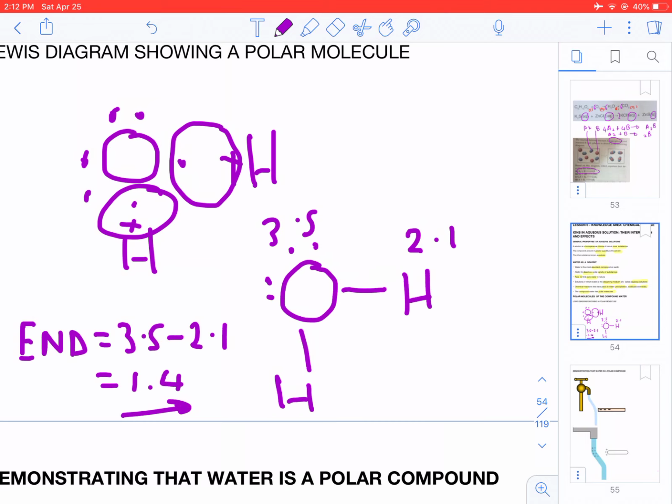And because of that, we find that the one end, the oxygen, becomes slightly negative, and the hydrogen is slightly positive, and that end is slightly positive.